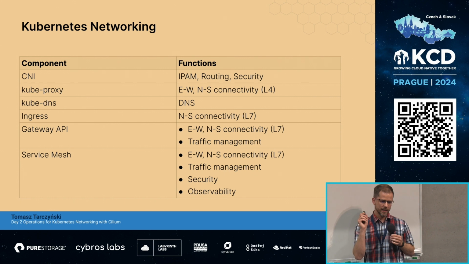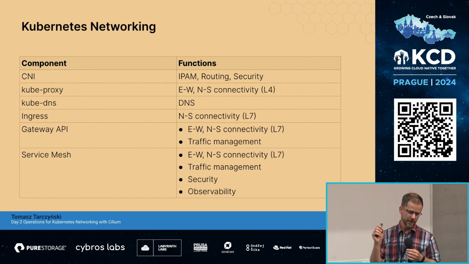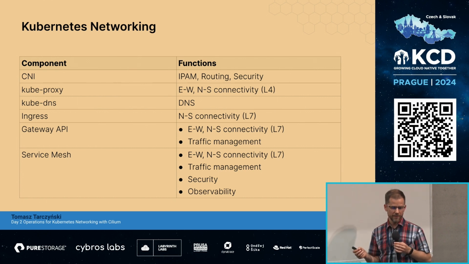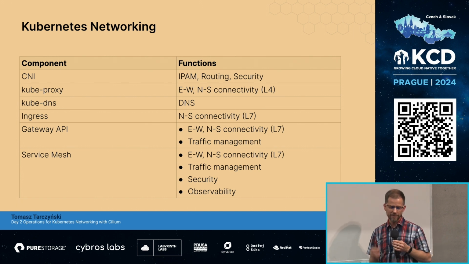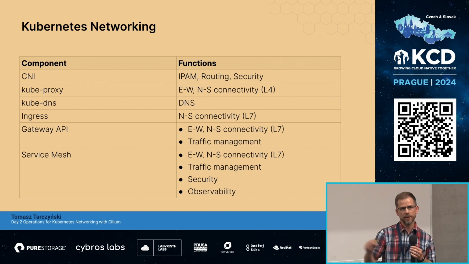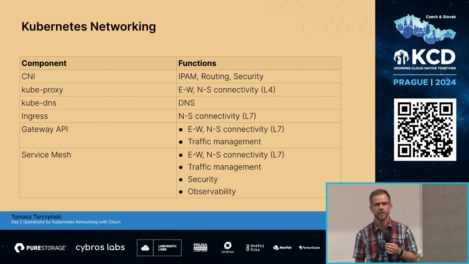And then we've got kube proxy for the services, DNS for service discovery, ingress for north-south connectivity, and then stuff like gateway API addressing similar needs to ingress, and service mesh to have even more fine-grained control over all of our traffic. So when I think about Kubernetes networking, that's pretty much the landscape that I have in mind.